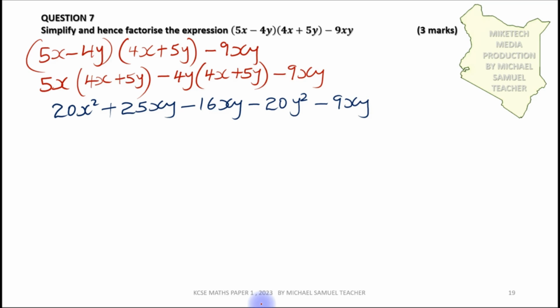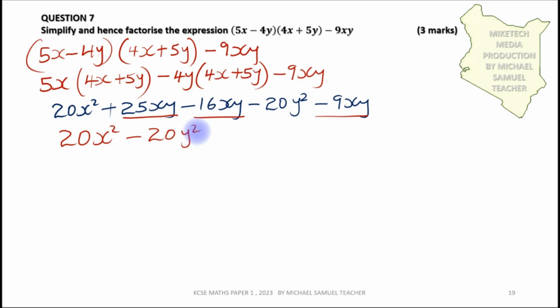Then collect the like terms: plus 25xy minus 16xy, that is 9xy, then minus 9xy, that will be 0. Therefore we remain with 20x squared minus 20y squared.